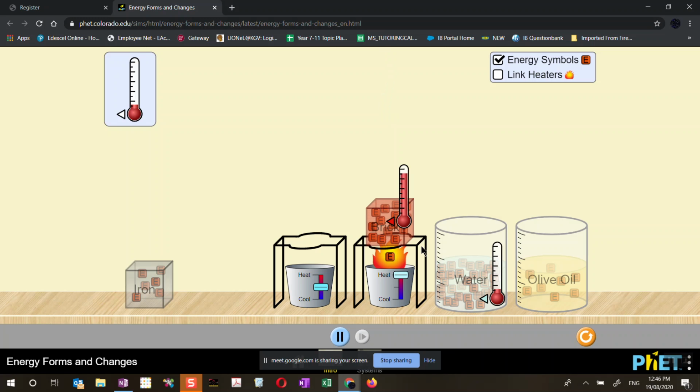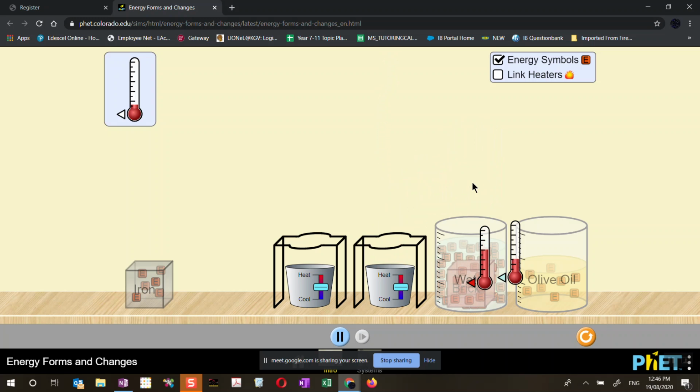The more observant among you may have noticed something already. So there we go, up to the same temperature as the iron was. Drop it into the water, and they go to the same temperature. That's annoying. They're really close. That's not what it's meant to do.